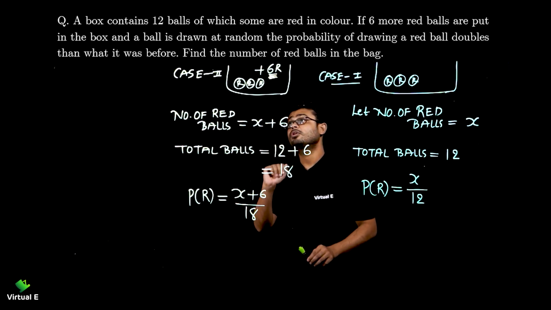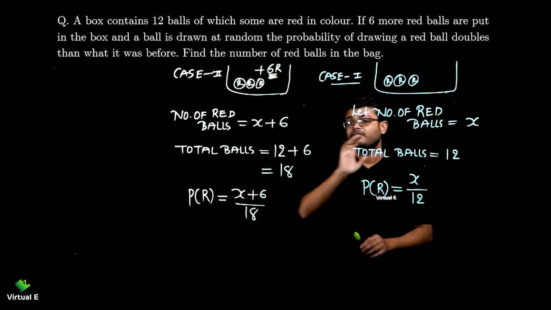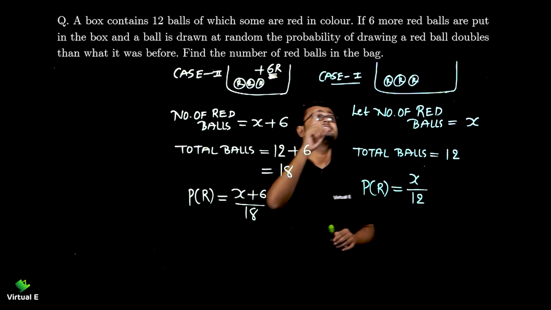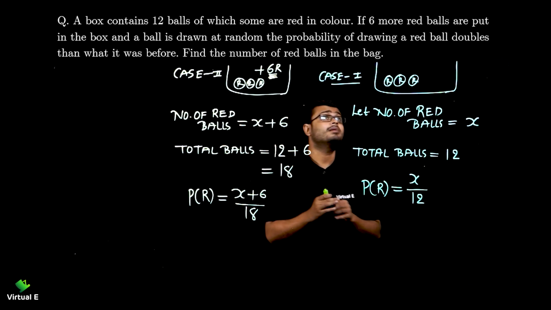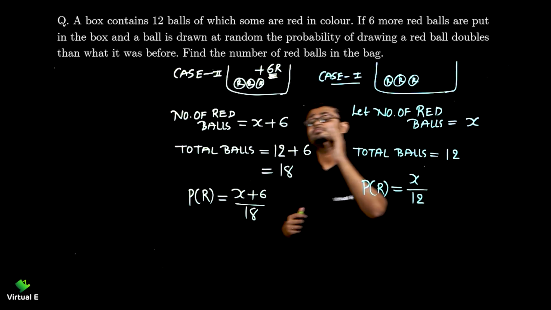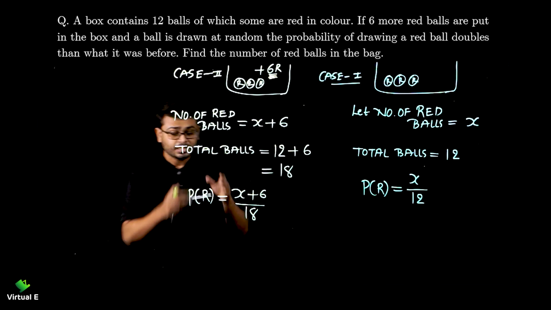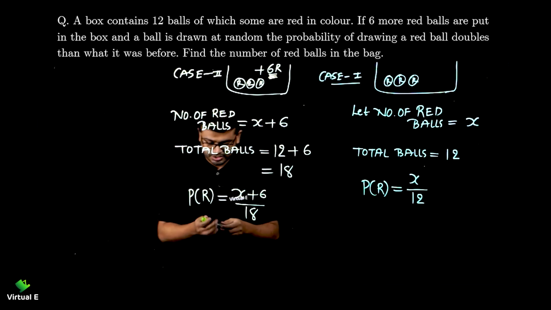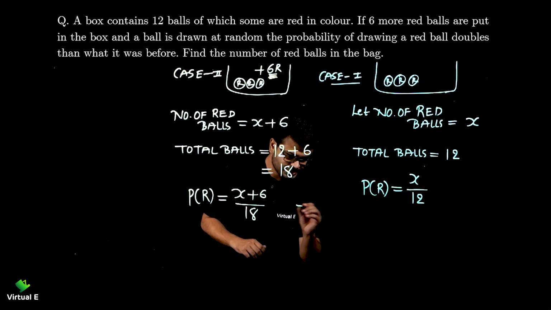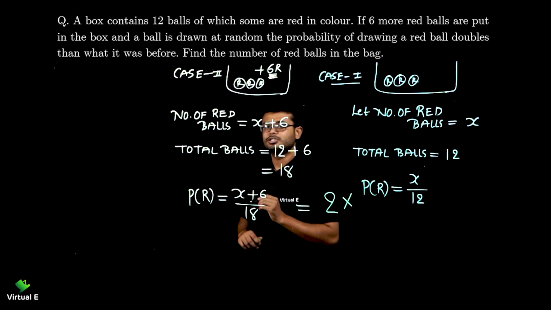Now what we want to find, we are interested in finding x. For that we have one relation over here. See, it is given that the probability of drawing a red ball doubles compared to what it was before. So the probability in the second case will be double the previous one. Indirectly I can write this is equal to this probability multiplied by 2.